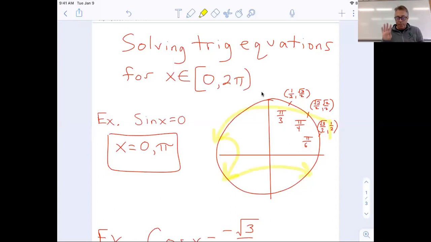So we actually have 4 answers. Our answers are pi over 6, 5 pi over 6, 7 pi over 6, and 11 pi over 6. Those are all the places where the sine is either positive 1/2 or negative 1/2.